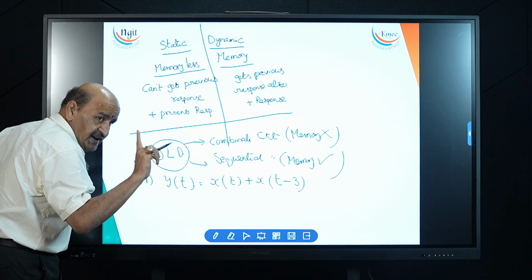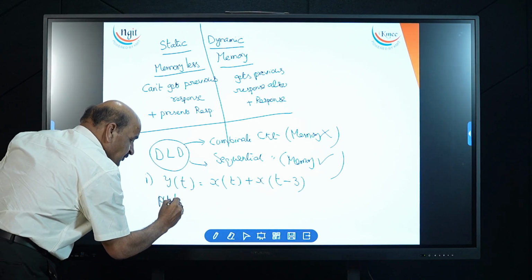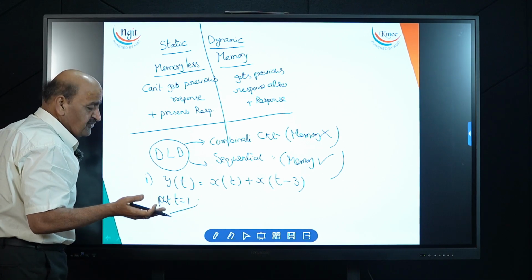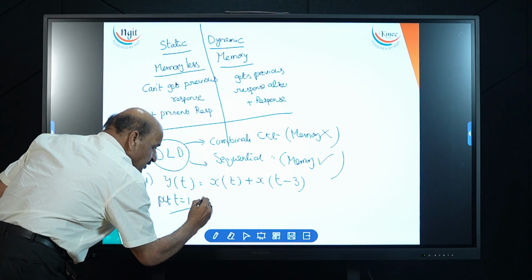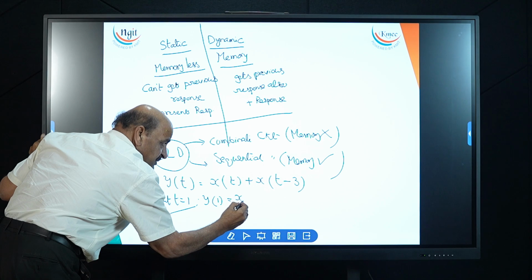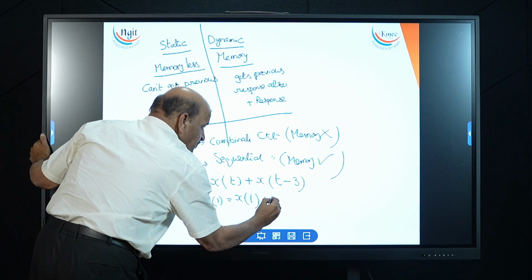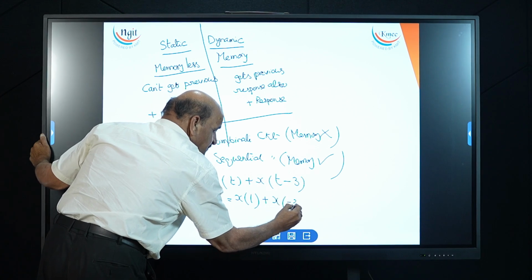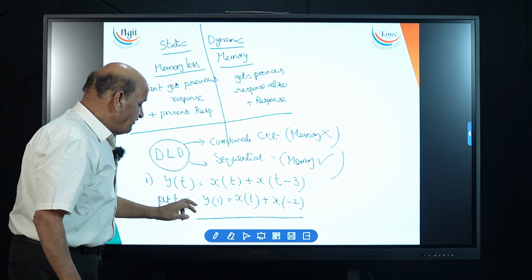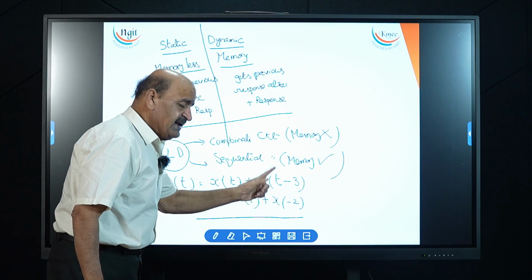Present means, for example, t equal to 1, or you can make it 0 also, the choice is yours. Put t equal to 1: y of 1 is equal to x of 1 plus x of minus 2.